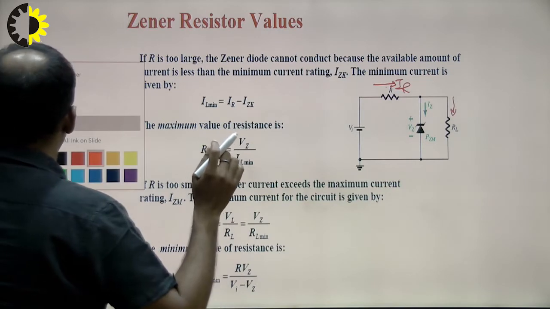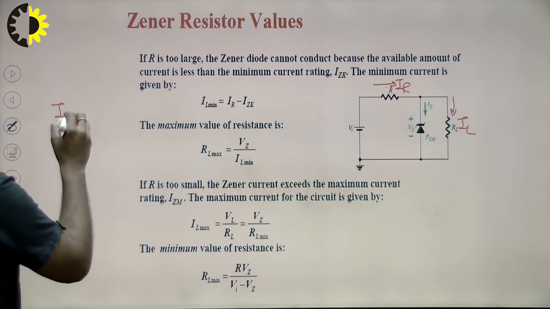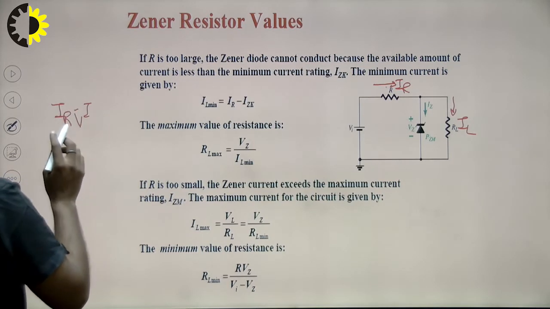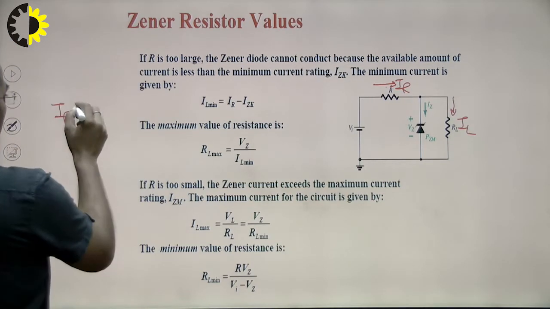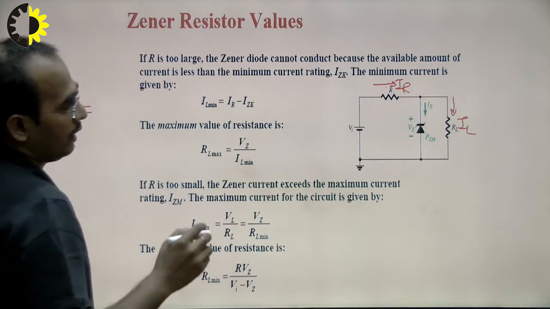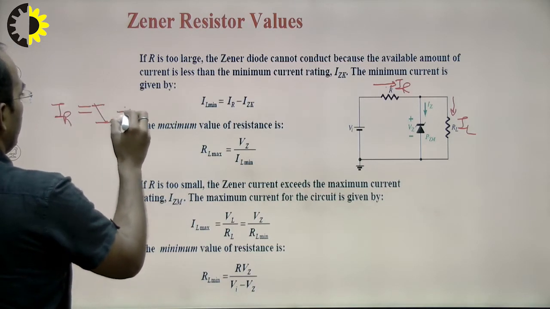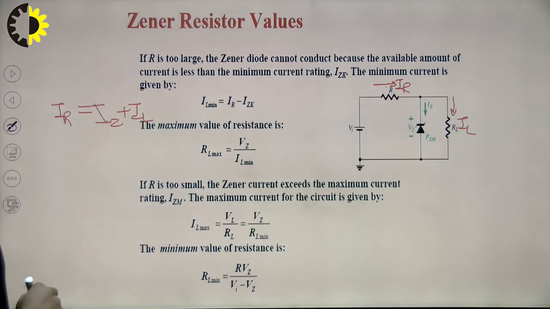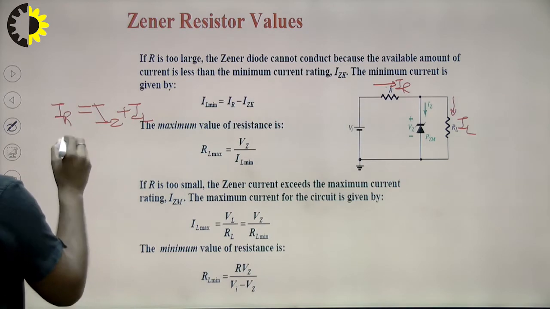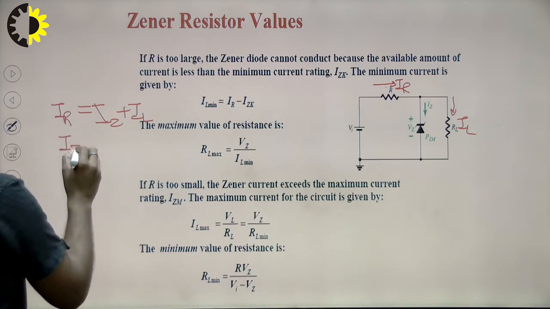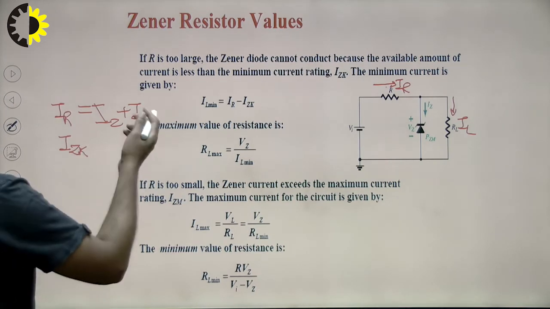So, IR is equal to IZ plus IL. Because the drop is maximum across this resistance, minimum current will come from there, and in that case we will get minimum Zener current and minimum load current.